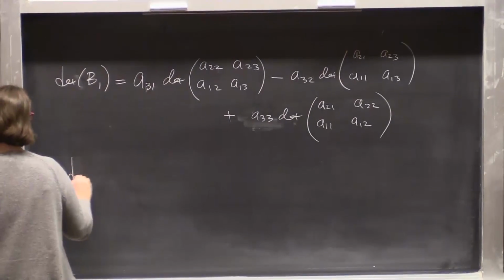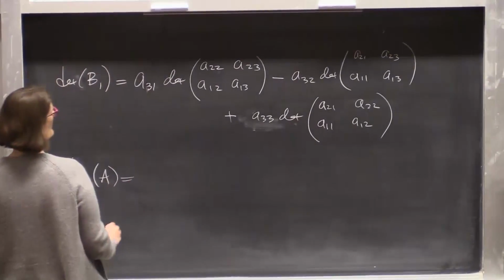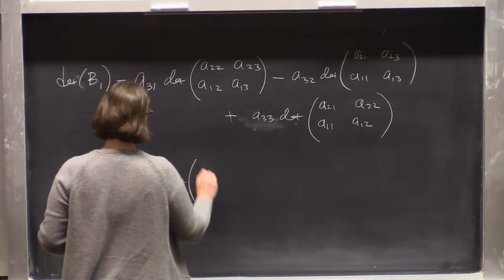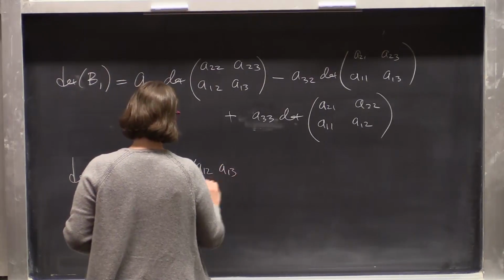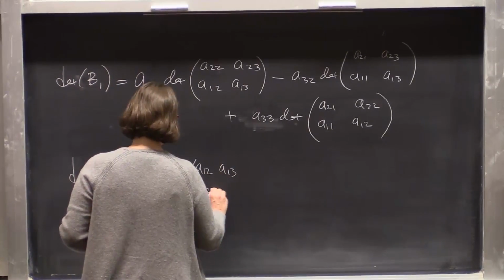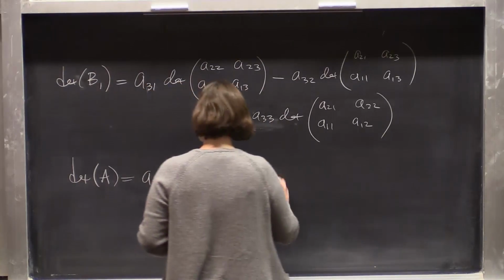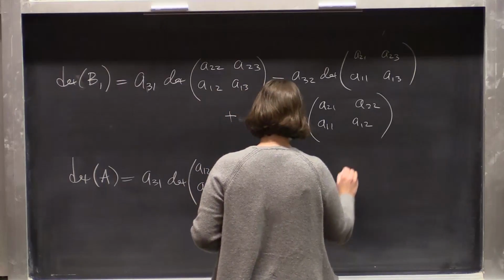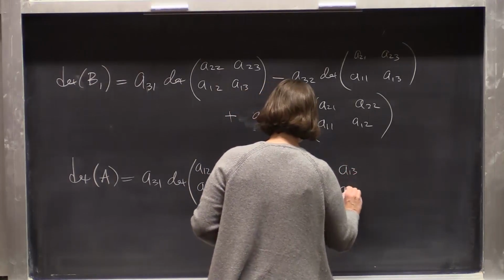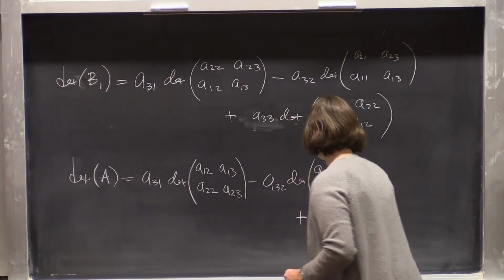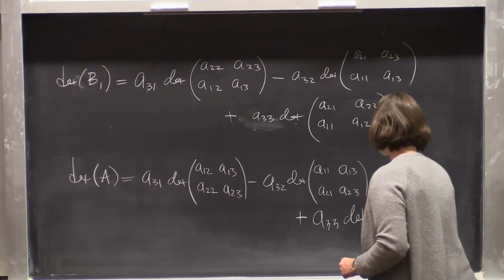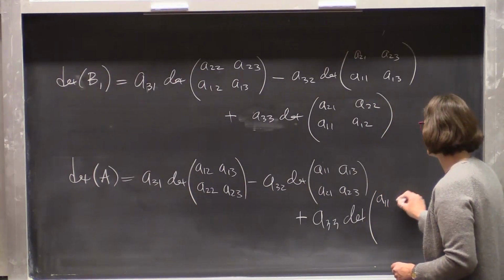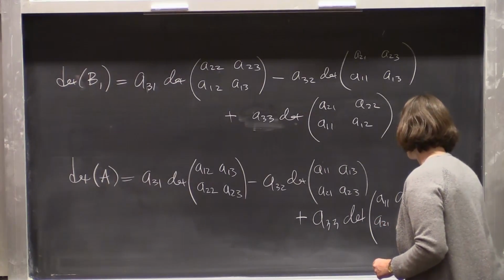And I want to relate it to the determinant of A, which is, again, going around the third row. It's A31 times the determinant of A12, A13, A22, A23, minus A32 times the determinant of A11, A13, A21, A23, plus A33 times the determinant of A11, A12, A21, A22.